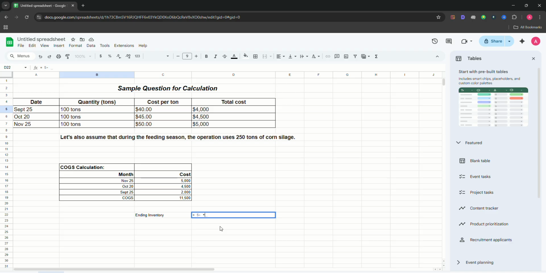So 50 into 40, 2000. So the ending inventory is 2000.